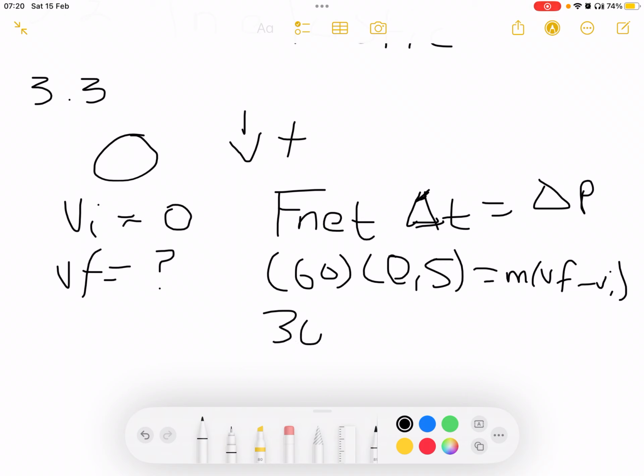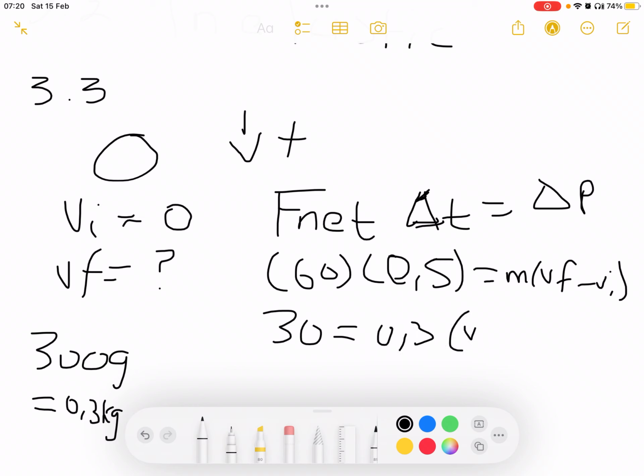Now this is 30, which is equal to our mass, which is 300 grams, and 300 grams is the same as 0.3 kilograms. So 0.3 kilograms multiplied by the final velocity, which we're looking for, minus the initial, which is 0.